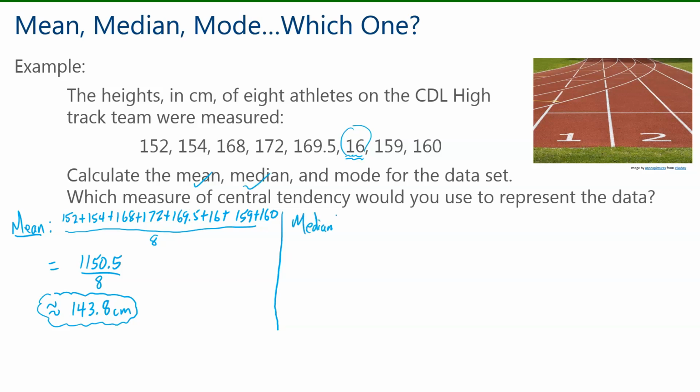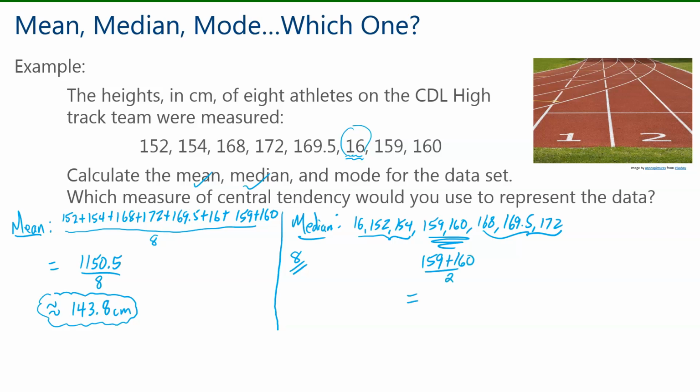Let's have a look at our median. For the median, our first step is to organize our data values from least to greatest: 16, 152, 154, 159, 160, 168, 169.5, and 172. That gives me 8 pieces of data for the 8 athletes. 8, of course, is an even number, so we will have 2 middle pieces of data. I can group the first 3, group the last 3. My 2 middle pieces are 159 and 160.